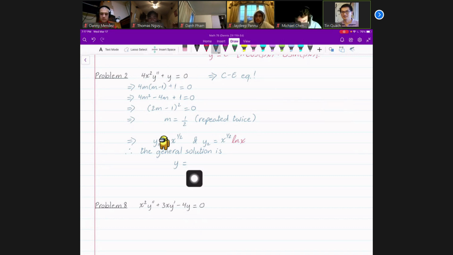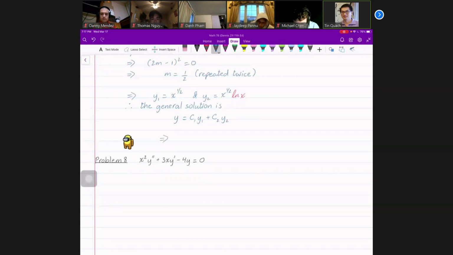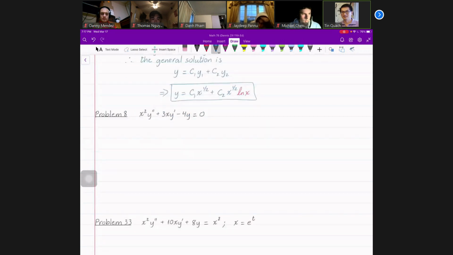But in this case, your original equation is a homogeneous differential equation. So you know the general solution is going to be c1 y1 plus c2 y2. So that means it is c sub 1 x to the 1/2 plus c sub 2 x to the 1/2 times ln of x.